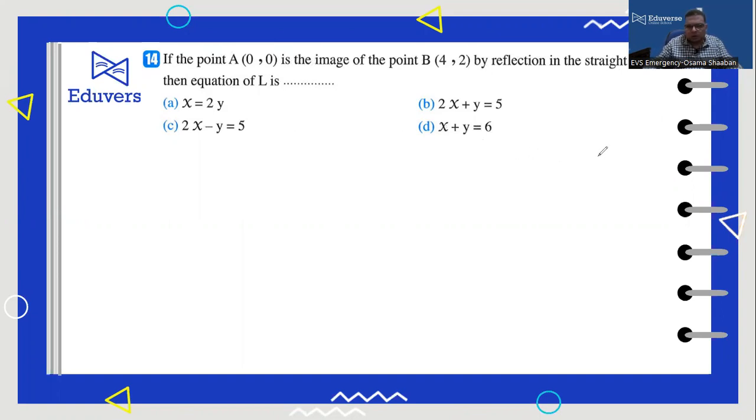To solve this question, consider the straight line L. When you make a reflection on this line, you will get the same distance and perpendicular to the line L. So A is the image of B by reflection on L. Okay. So you know AC equals CB.